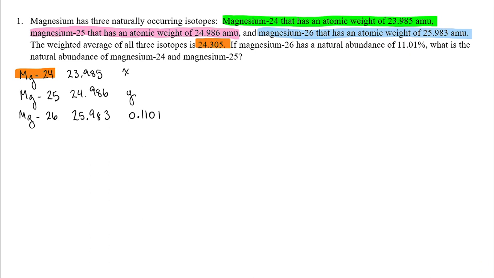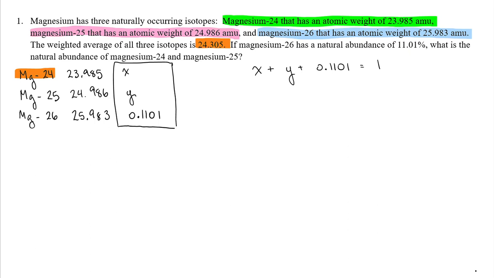Okay, so now we're going to have our 2 equations with our 2 unknowns. First off, you need to recognize that the natural abundance of all 3 of them, when added together, has to give 100%. That means X plus Y plus 0.1101 equals 1. All 3 of those natural abundances as decimals added together should give us our overall 100%.